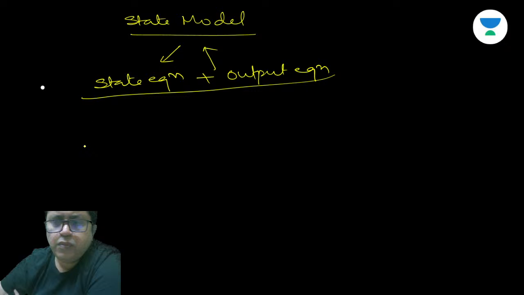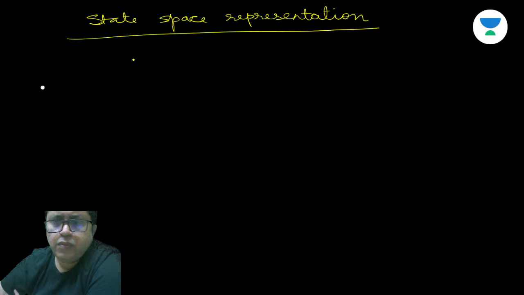Okay. Now we'll come to the next topic, that is state space representation. Sys equal to SS(A, B, C, D).